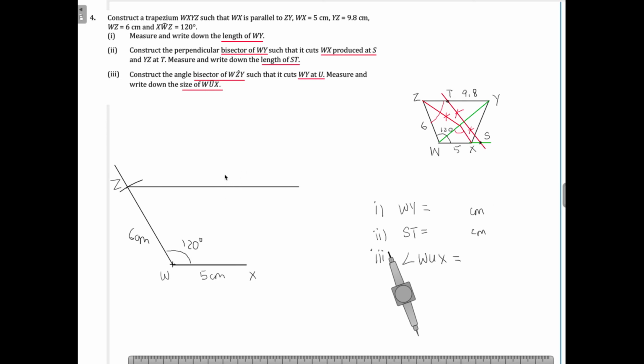Now we need a length of 9.8 from Z. So we use the compass, measure a distance of 9.8 on the ruler, and bring it to Z to mark an arc of 9.8.